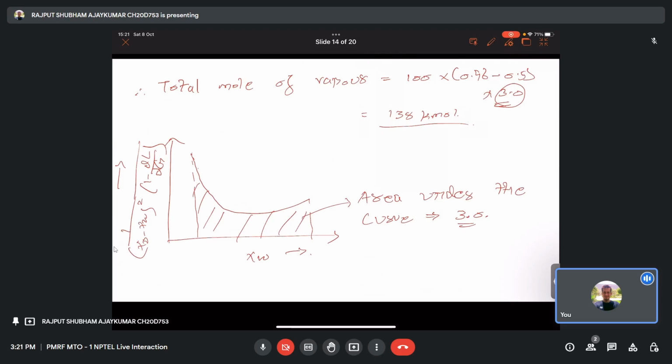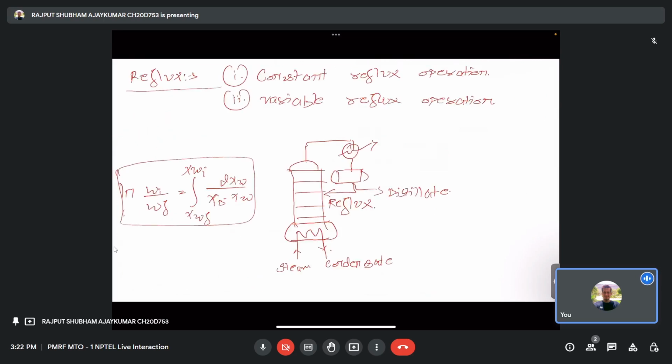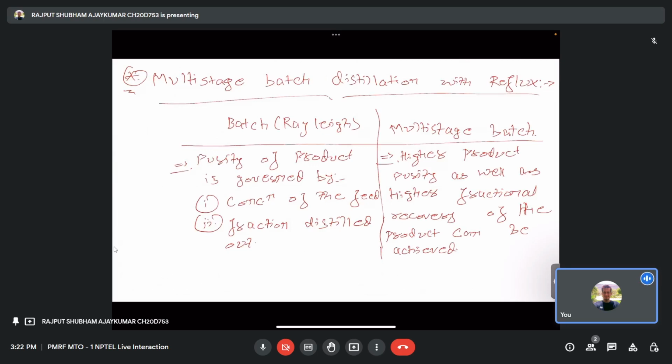Now another thing that we'll discuss is another section of this topic. What we have discussed till now is this numerical and the multi-stage batch distillation along with reflux. And there's another thing that we wanted to discuss, the Poisson severity method.